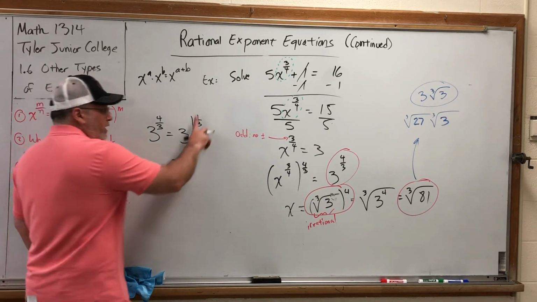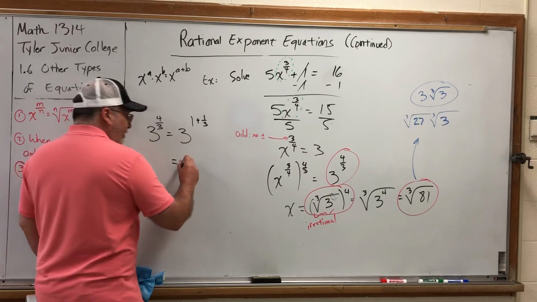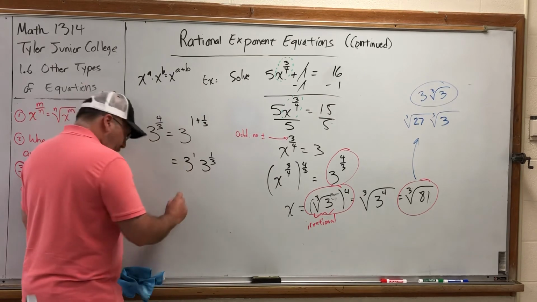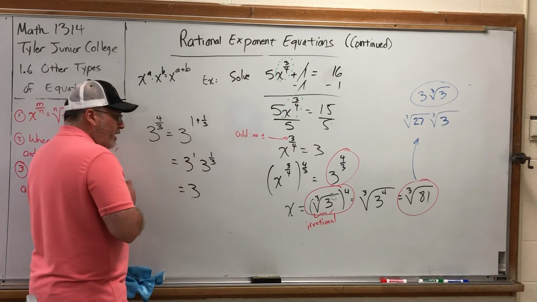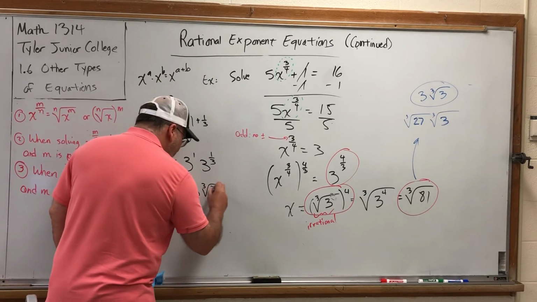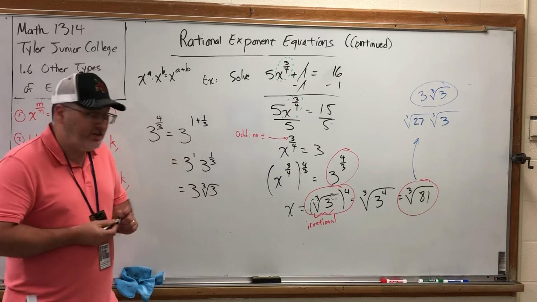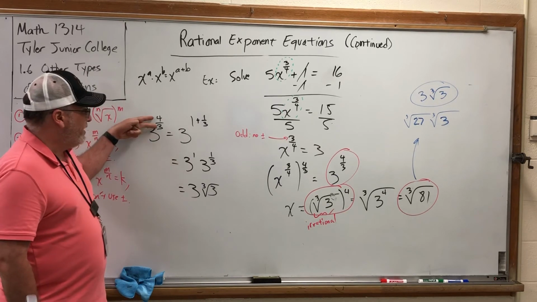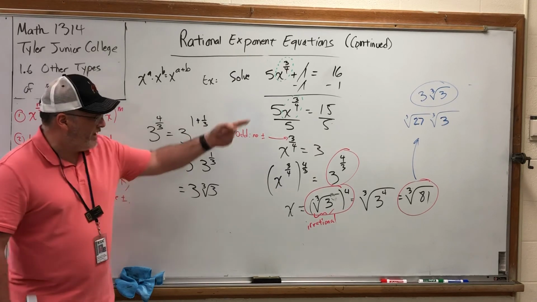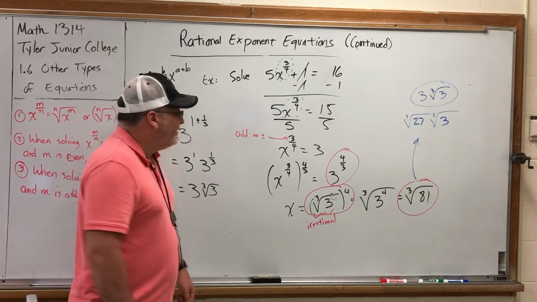If I think of this 1 1/3 as 1 plus 1/3, then I can disassemble it into 3 to the first power and 3 to the 1/3 power. 3 to the first power is 3, and 3 to the 1/3 power, according to this rule, is the cube root of 3. It's a sneaky way to simplify a radical by using rational exponents. If your rational exponent is an improper fraction, its whole number part will tell you what goes outside the radical, and then the remaining fraction tells you what goes inside. Sneaky, I know.